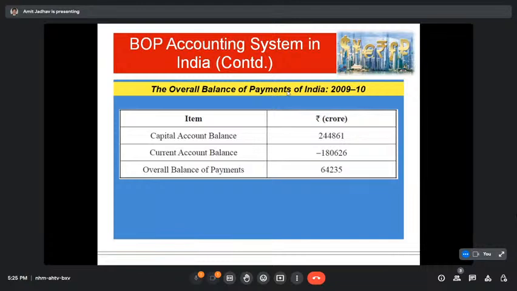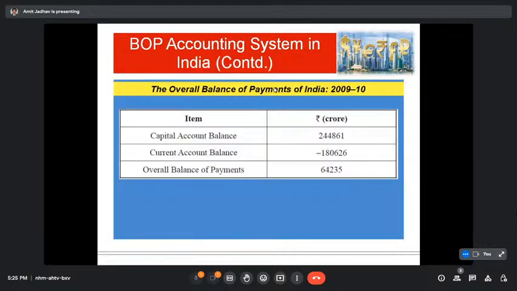Similarly, the current account balance is minus because our import is quite greater than export, and we have a deficit in that account, that is 1,80,626. So overall, in the balance of payment, when we combine the capital account balance and the current account balance, India is getting a surplus in 2010. That surplus is 64,235 crore.